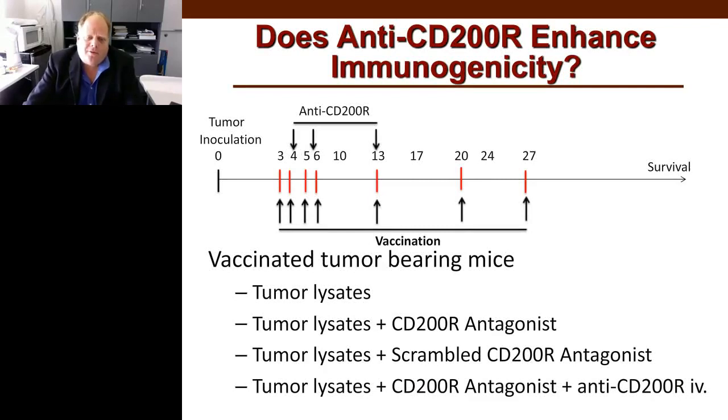We inoculated tumors, and then we gave them the vaccines, which contained CD200 or tumor lysates plus the antagonist, tumor lysates plus a scrambled antagonist, or tumor lysates plus antagonist with the anti-CD200 receptor systemically on days 4, 6, and 13.